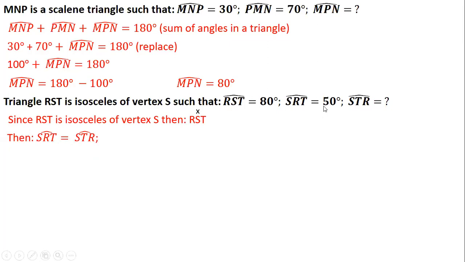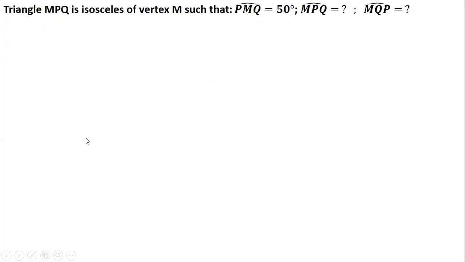In the question, Aya, you are given the measure of SRT, 50 degrees. Then what will be the measure of STR? 50 degrees. So angle STR is equal to 50 degrees. If I add 50 plus 50, Aya, is how much? 100. Plus 80. 180. So the measure of the 3 angles in a triangle is 180 degrees.